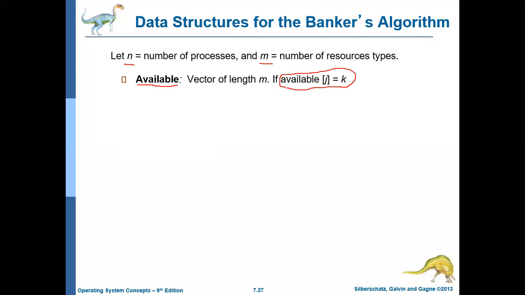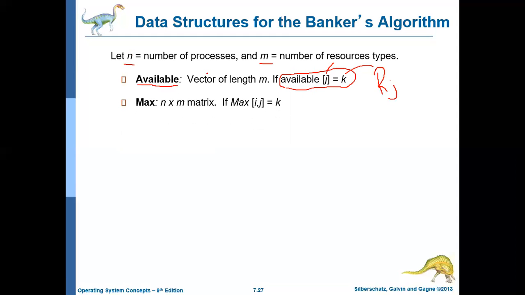It means that there are k instances of resource type j currently available with the operating system. That's what available of j equals k means.